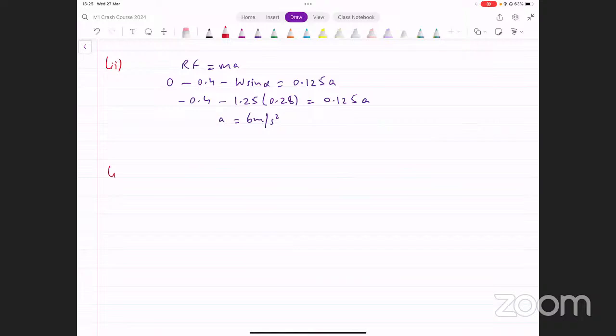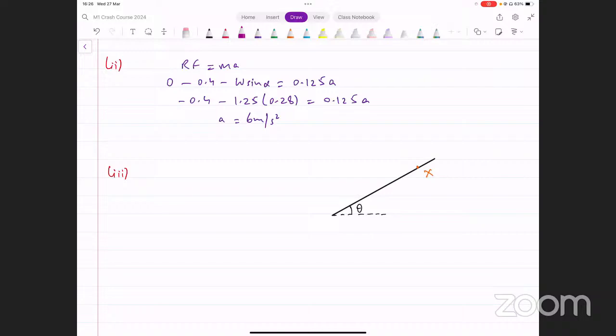Part 3. So now this particle keeps moving up the plane until it reaches this point X, at which its velocity becomes 0, right? Now it starts, or tries to start, moving downwards because of the weight. What are the forces acting on this particle?